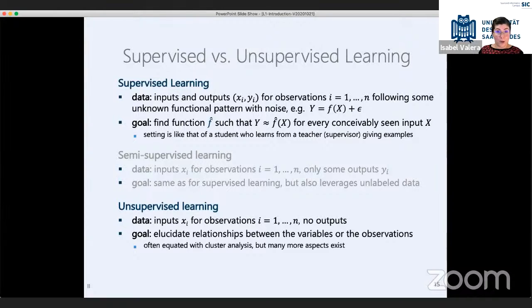So I would take all of you, and based on the features I collect from you, I will group you into different groups sharing some characteristics. And I would say, well, now that I have my groups, maybe I need to approach these different groups differently. But there is no target variable that I'm trying to predict.